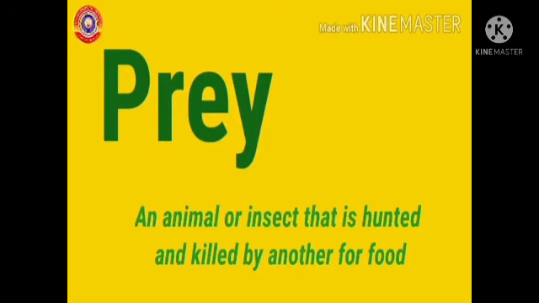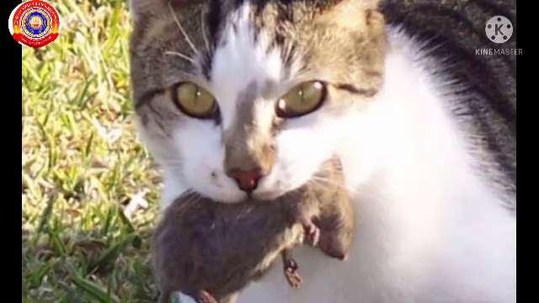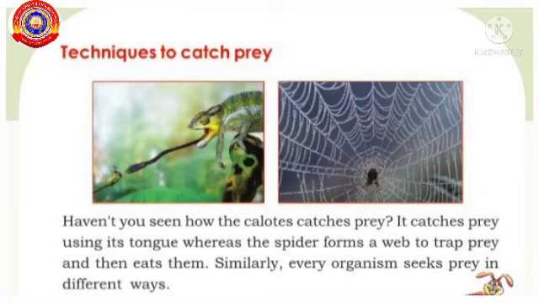Prey means an animal or insect that is hunted and killed by another for food. For example, we all know that cat kills rat. So rat is considered as the prey of cat. Okay, my dears, so let's see how the creatures catch their prey.